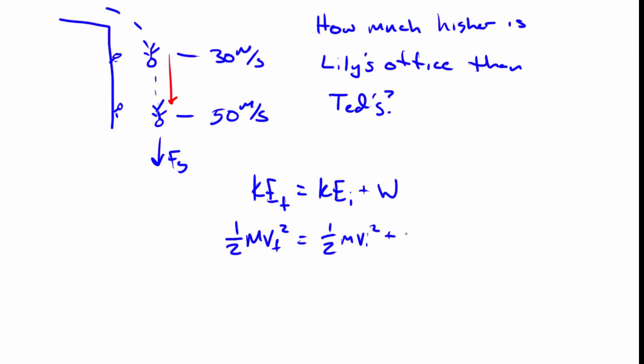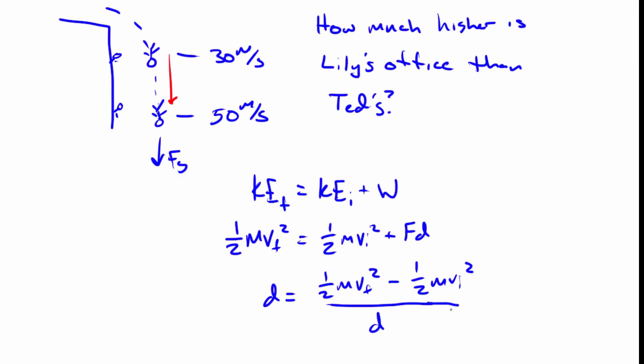And the work is just some force times the distance. That's what we said work is, force times the distance, at least for now. I'm after the distance between the two offices, and the work is being applied over that interval, so I can solve for distance. That's going to be equal to 1/2 m v final squared minus 1/2 m v initial squared, all divided by F.